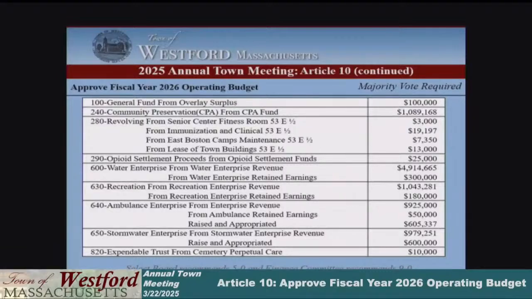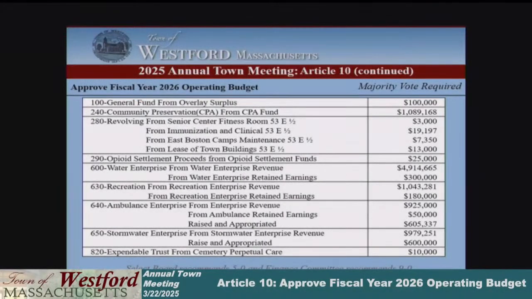To the Town Revolving Funds, $13,000 from the lease of the town buildings at 65 and 73 Main Street and 170 Plain Road Revolving 53E.5. To the opioid settlement proceeds, $25,000 from the opioid settlement funds.